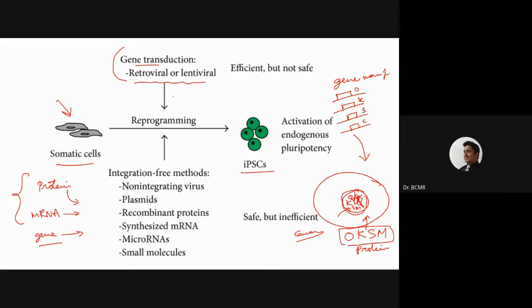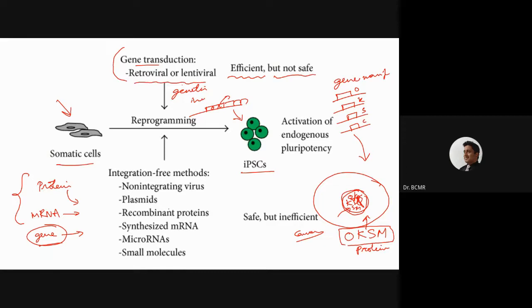We can use the genetic methods with integration, which may be put onto the chromosome. OKSM factors will express, and then pluripotency will come. It's very efficient when we use genetic methods like this, but it is very unsafe because there is always a risk of cancer.